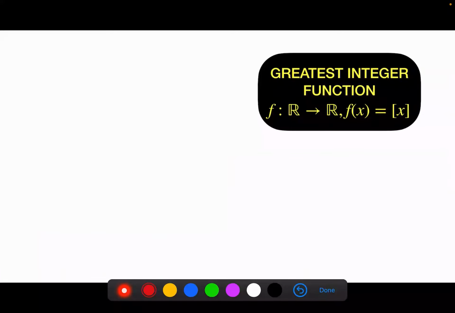And this is another important function where many good questions come. Now, the greatest integer function.